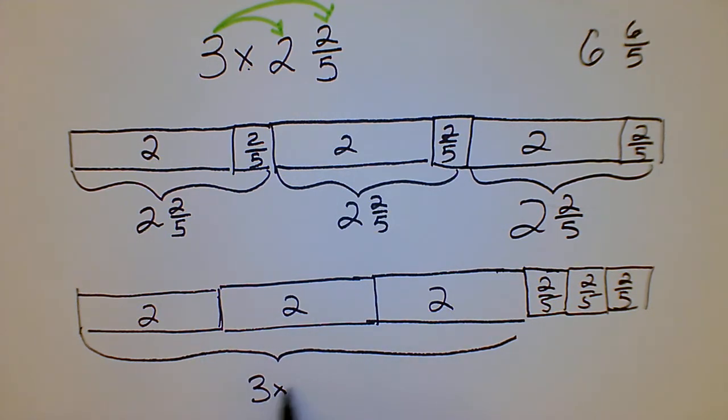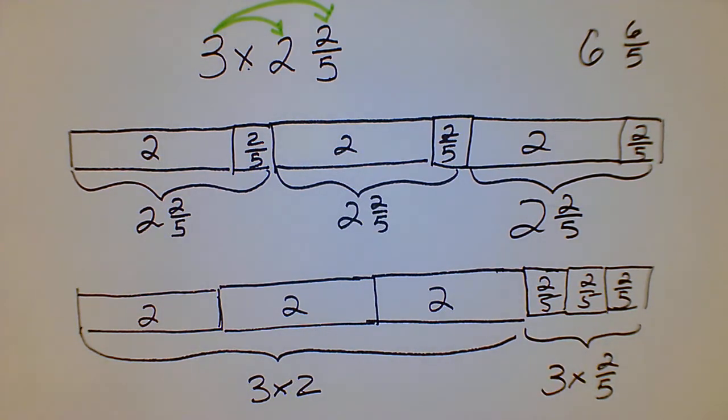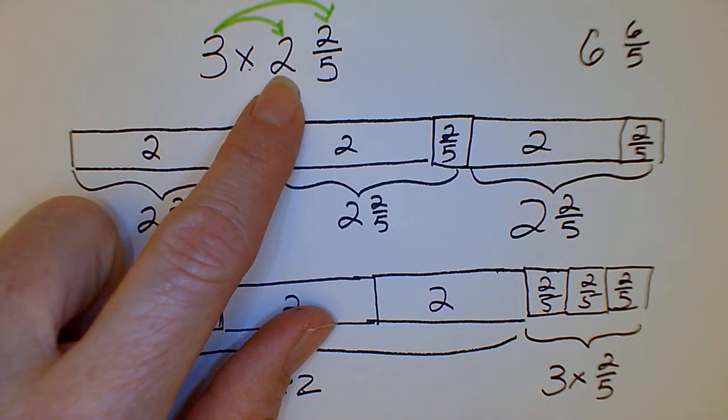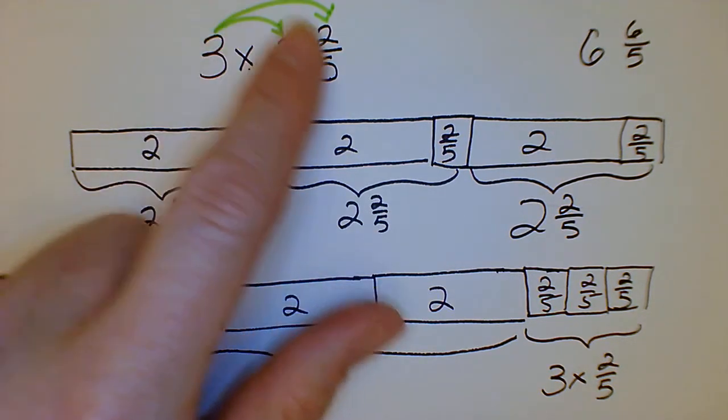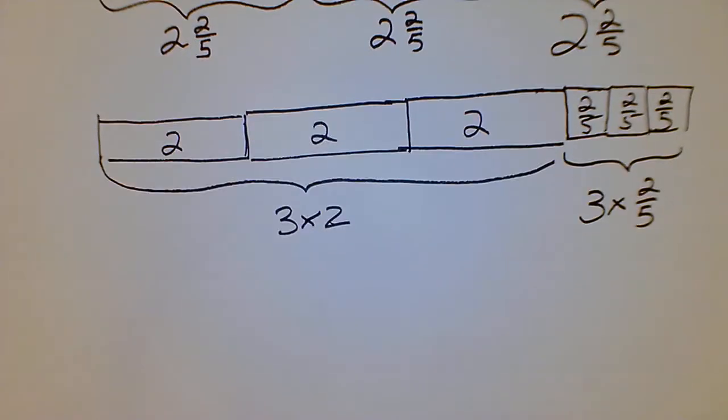I have the number 2, and I have it 3 times. And then over here, we have 2/5, and we also have that 3 times. Because what we just did was we distributed. We took that 3, and we multiplied it times the 2, and then we multiplied it times the 2/5. This is, in essence, what distributing is all about, the distributive property.